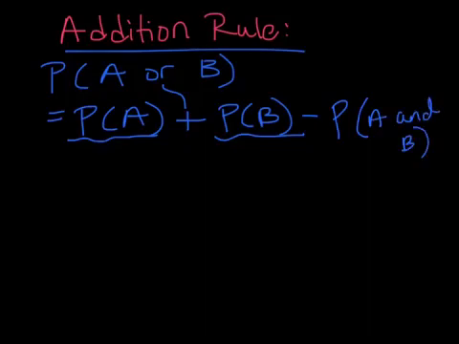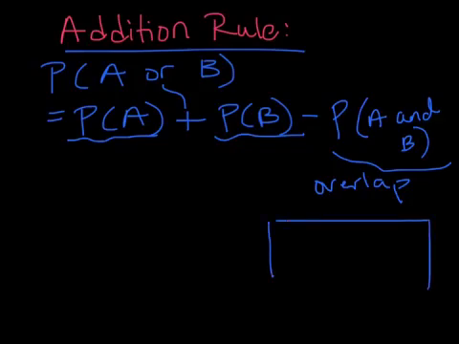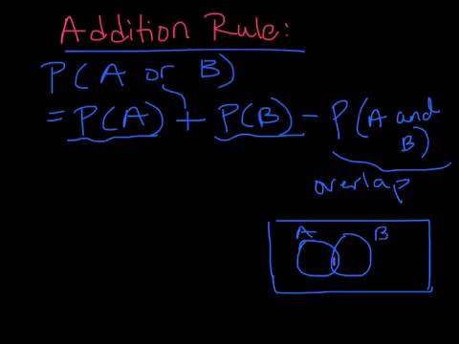This is what I was calling the overlap in the other example. You can see it with a little Venn diagram. Let's say this is the chance of A happening and this is the chance of B happening. The pieces in here got counted in both, and that's why we subtract them once.